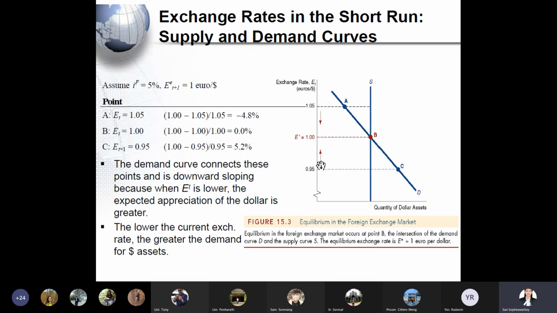So the demand for US dollar assets is increasing. Demand increasing means people want to buy more US dollar assets, so they need more US dollars to buy. Then the demand for US dollars increases, and the US dollar becomes more valuable, or appreciates, in this case.